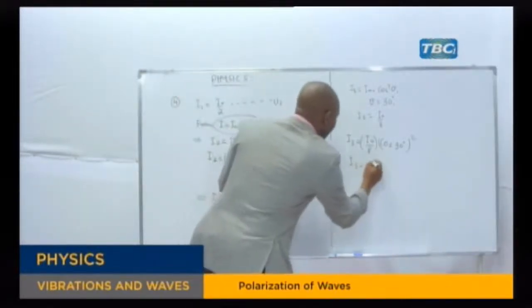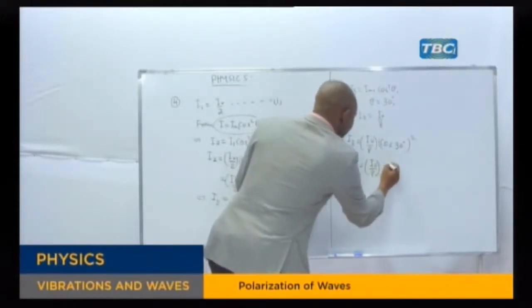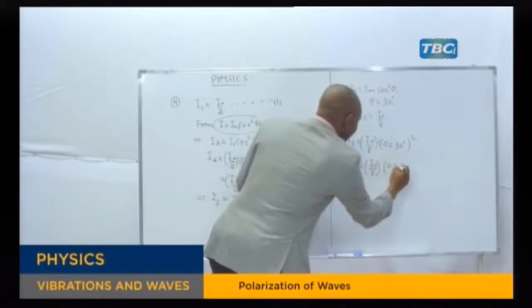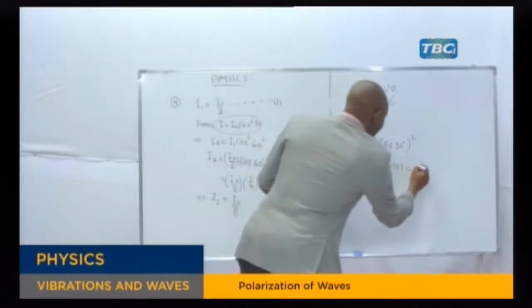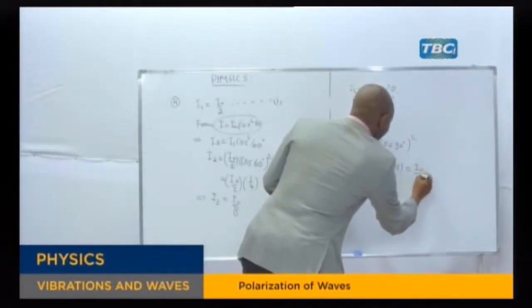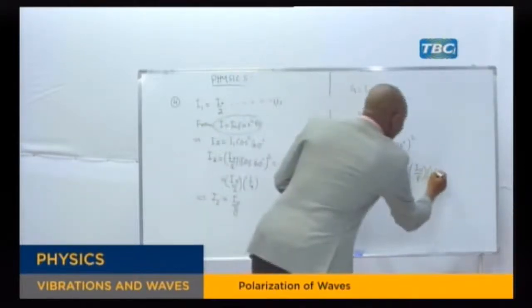I3 equals I naught over 8 times 0.75. Mathematically, we know 0.75 equals 3 over 4.